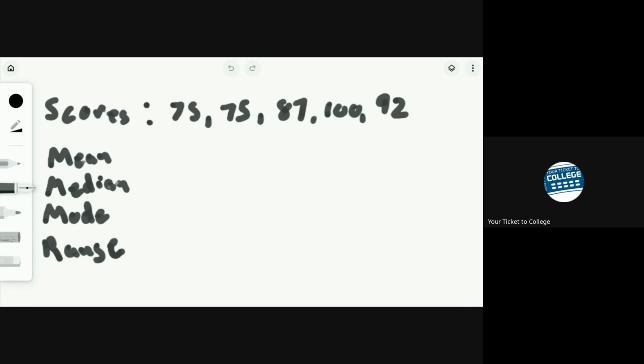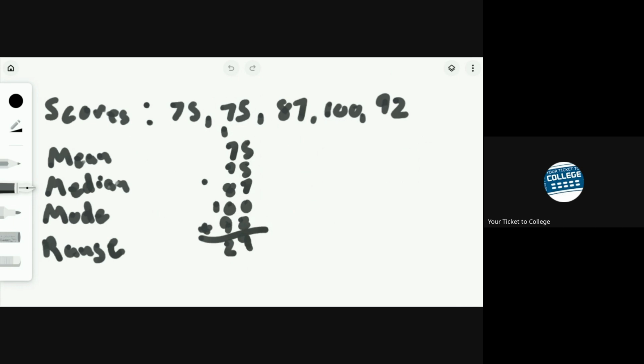So the way we find that is we add everything together. So let's take 75 plus 75 plus 87 plus 100 plus 92. Add that, so 5 and 5 is 10, plus 7 is 17, plus 2 is 19, carry the 1. 7 and 7 is 14, plus 8 is 22, plus 9 is 31, plus the extra 1 is 32.